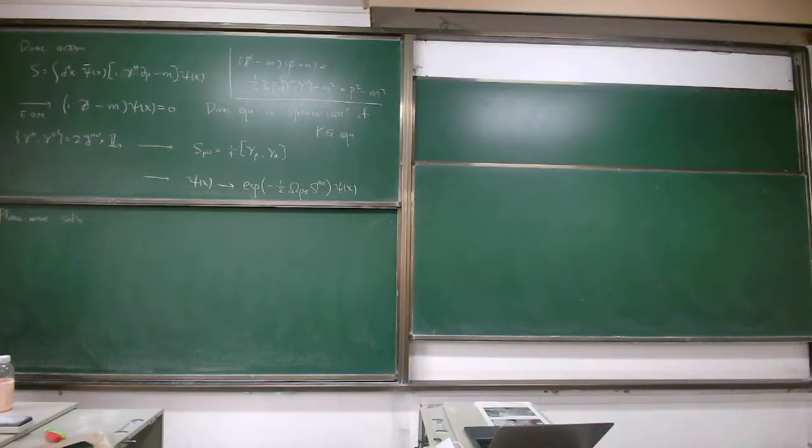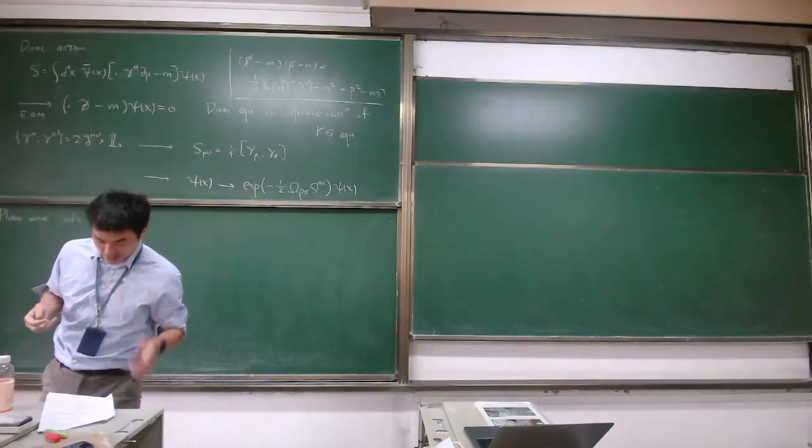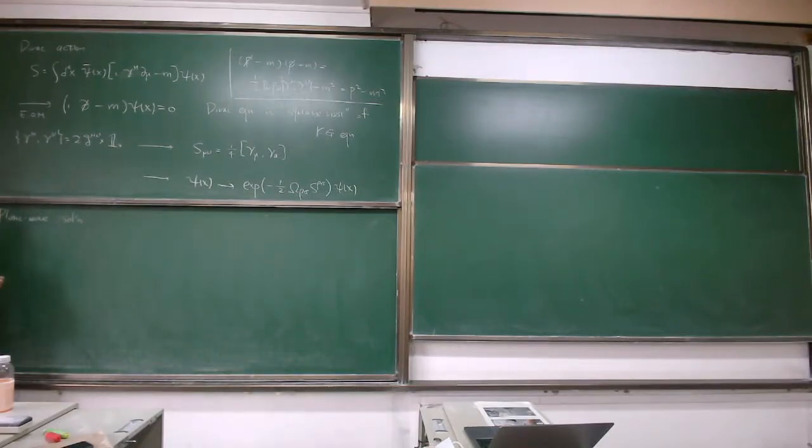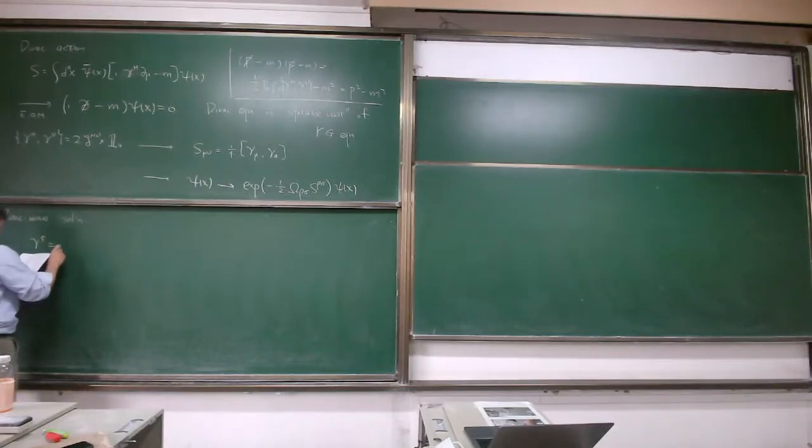Before that, I would just talk about something called chirality. Chiral means right-handedness or left-handedness. That's called chirality. To this end, we first introduce this kind of matrix.